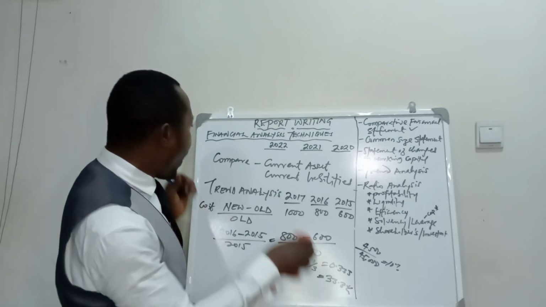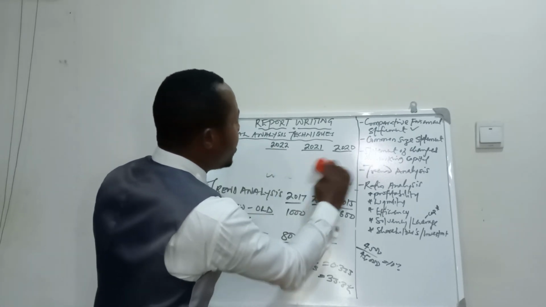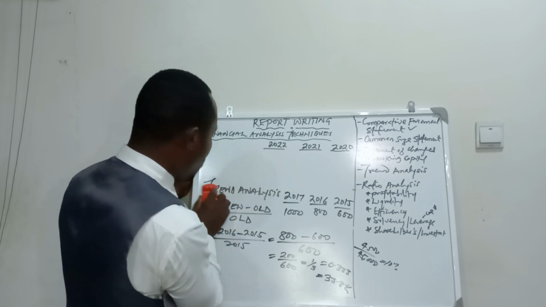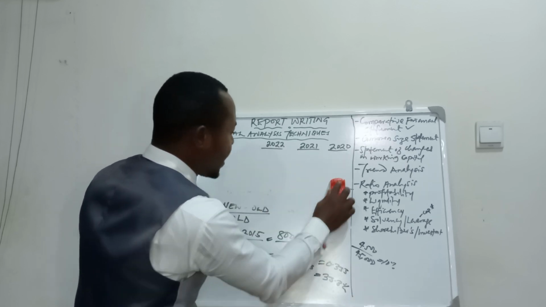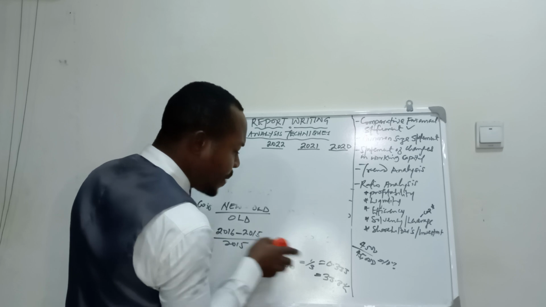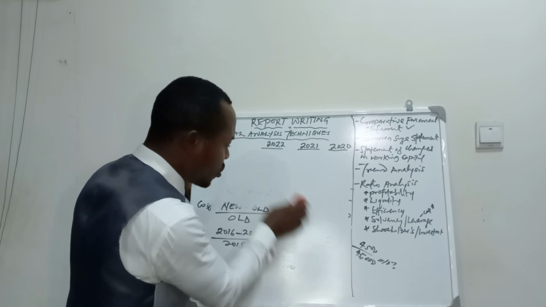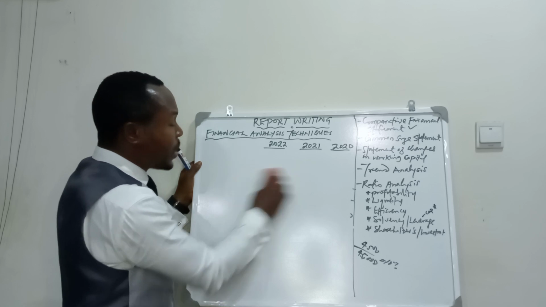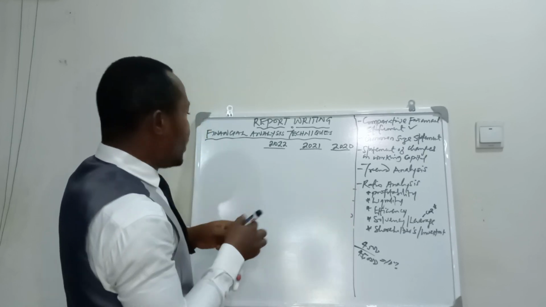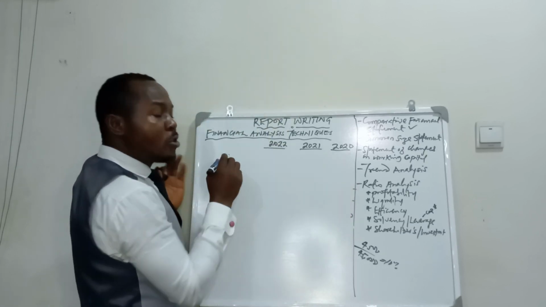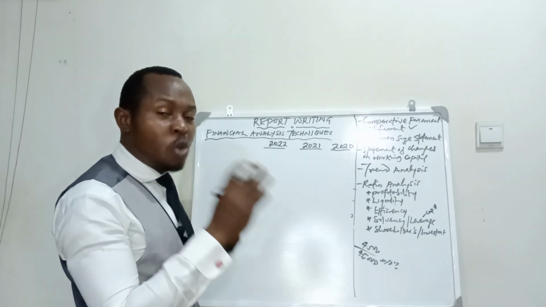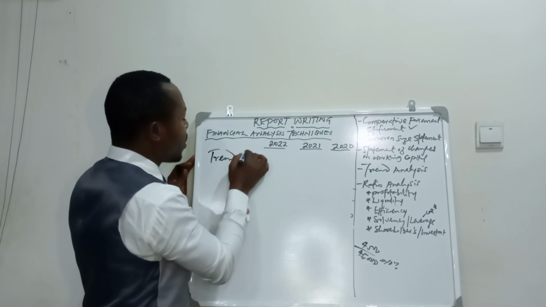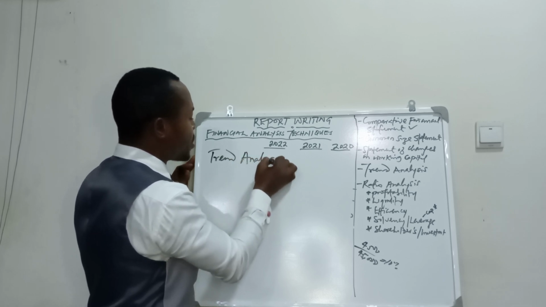Now, quickly, while I explain that to us again, there are some things you have to know when it comes to trend analysis. Please, let's bear these figures in mind. Trend analysis gives you two major results.